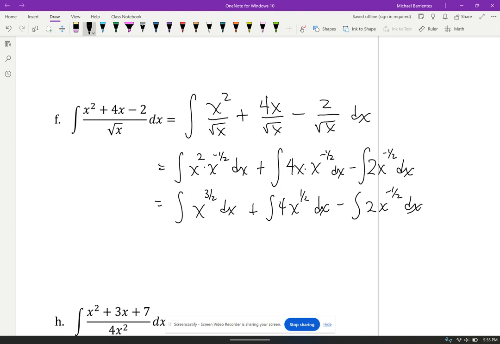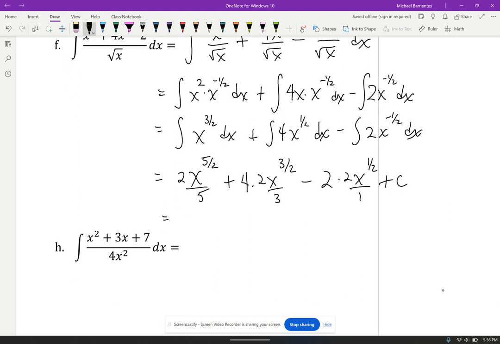And so now I'm ready to take the antiderivative. The antiderivative of this would be add 1 to the exponent, divide by the new exponent, plus add 1 to the exponent, divide by the new exponent, minus add 1 to the exponent, divide by the new exponent, plus c.